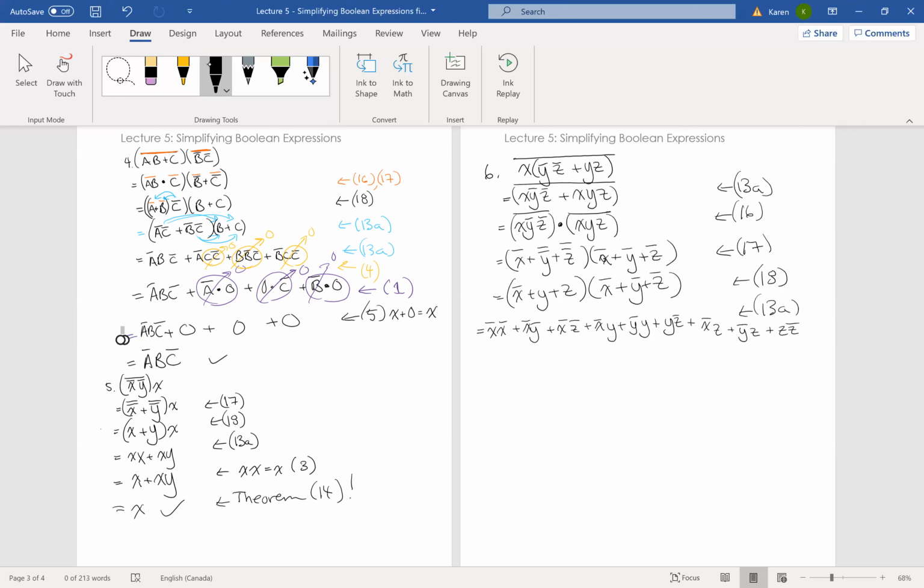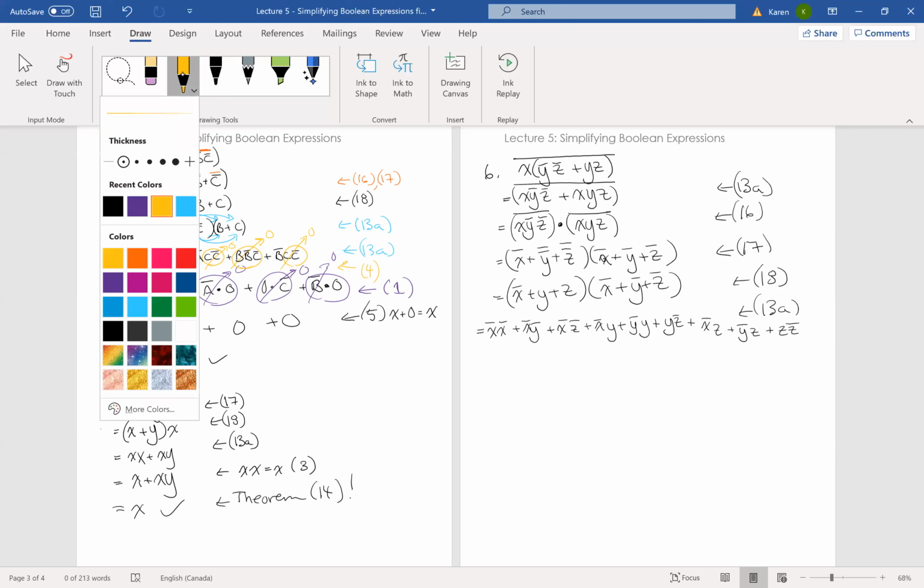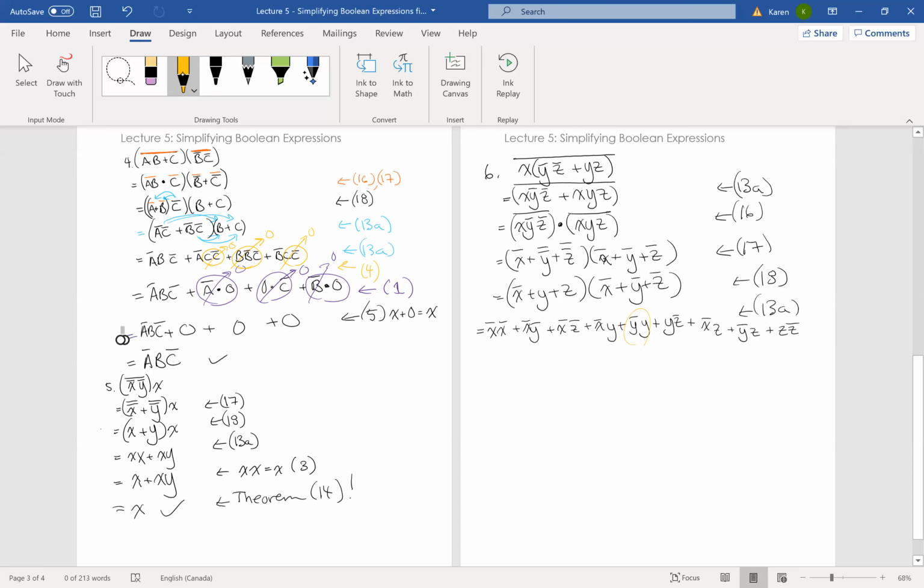Okay, so I got this rather large expression, and then I'm going to recognize in that expression theorems such as this: y inverted and y. Well, one of them is a 0, one of them is a 1. So these are going to go to 0 because they're through an AND gate.